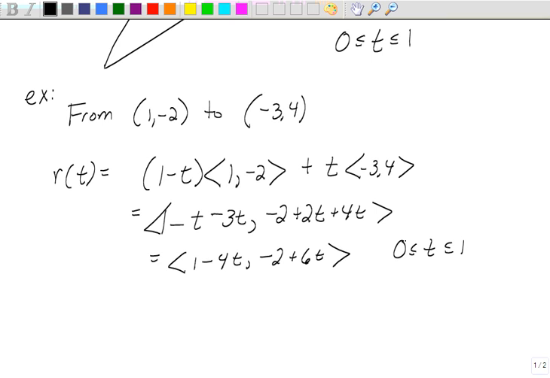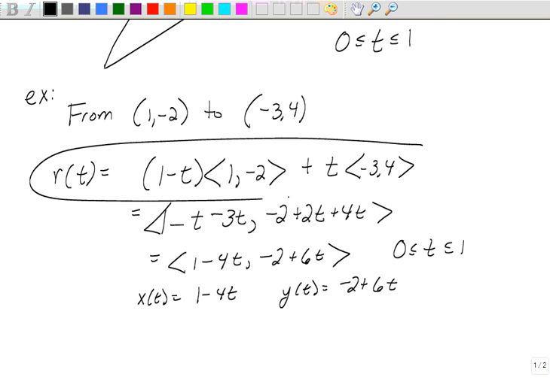So if you substitute 0 in there, you see it starts at 1, negative 2, and if you substitute 1 in there, you can see it's negative 3, 4 is where it ends. So we have x of t is 1 minus 4t, and y of t is negative 2 plus 6t. So this is the formula you will want to remember to do line segments.